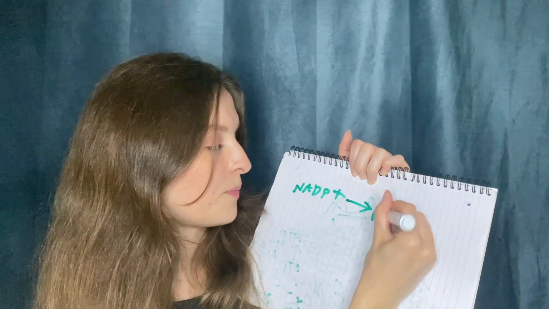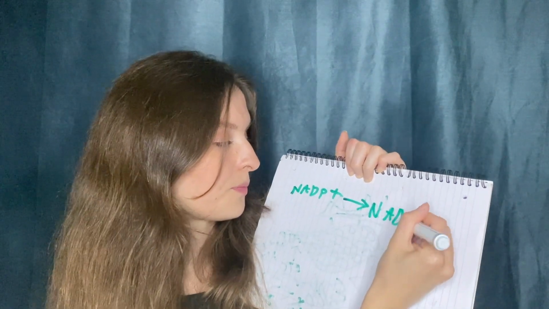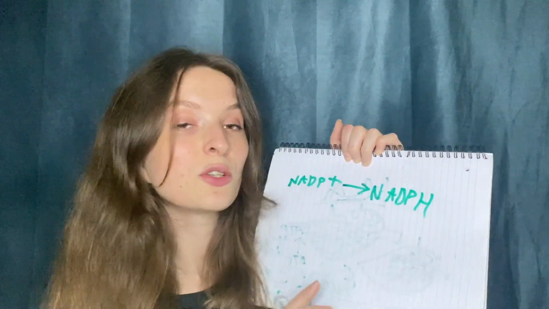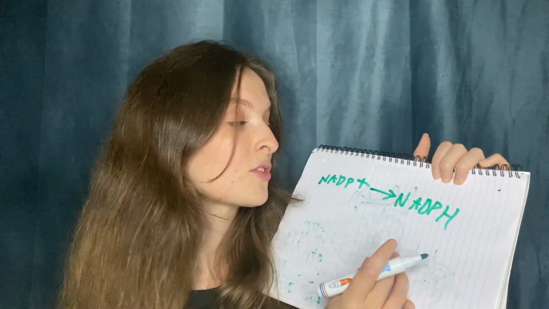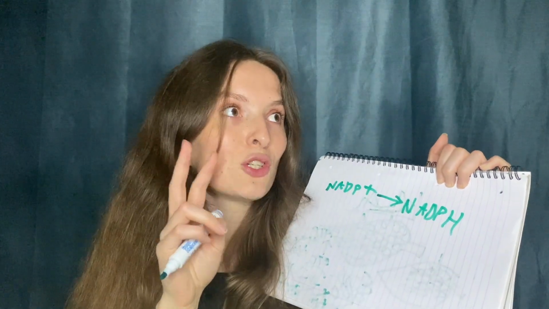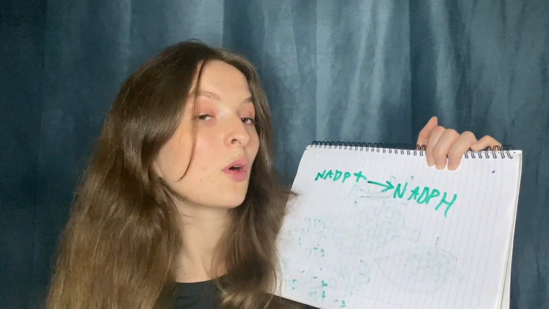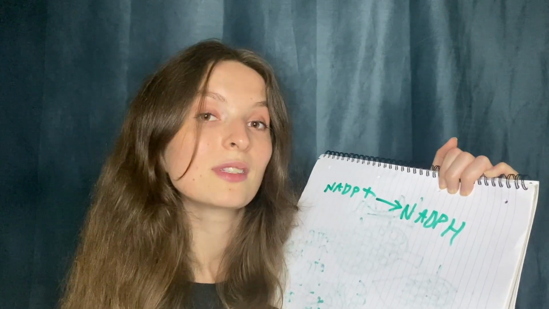So what the NADP+ reductase does is it allows that to be turned into NADPH. So what that NADPH does is that it provides reducing power, and what that basically means is it can donate an electron to whoever it likes, and this comes in handy later.